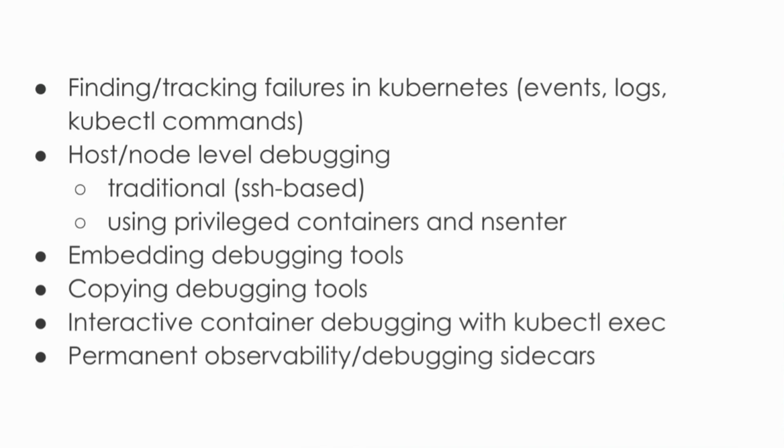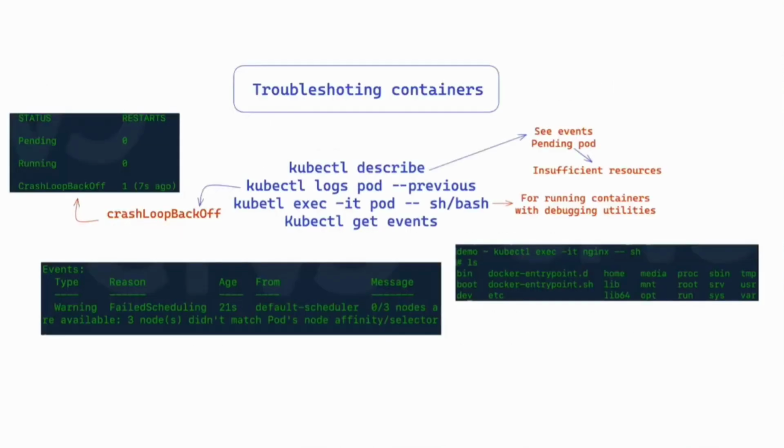So we SSH into that, use privileged containers, use some embedded debugging tooling, also the kubectl exec, which is pretty common. If you want to get inside the container, you use kubectl exec, go inside and do a bunch of stuff to see what went wrong. And then some sidecar stuff, which is there.